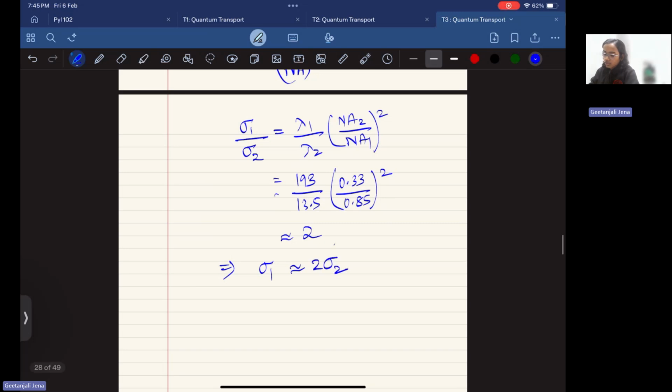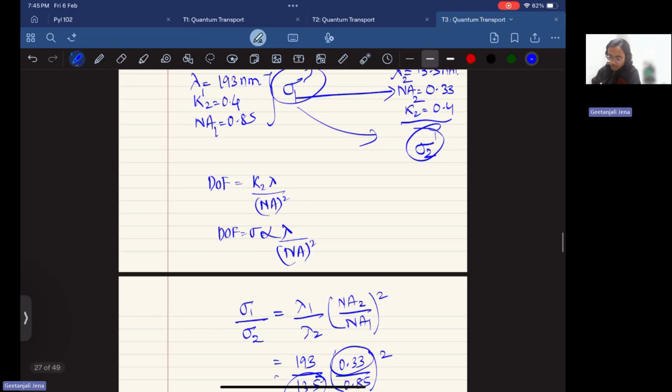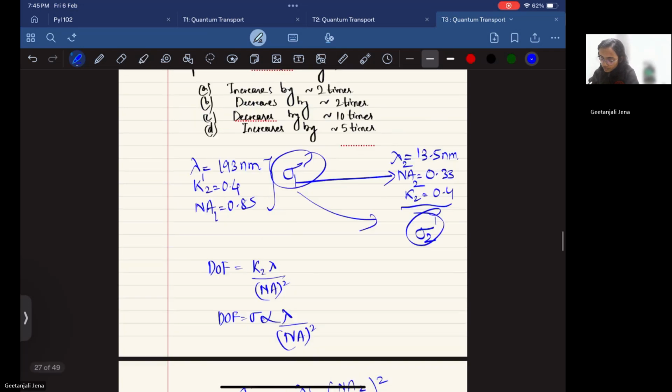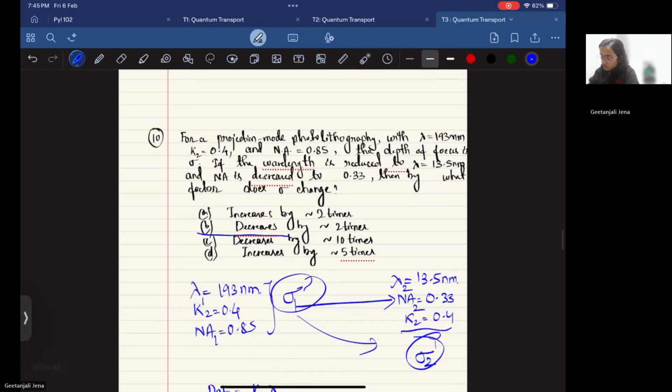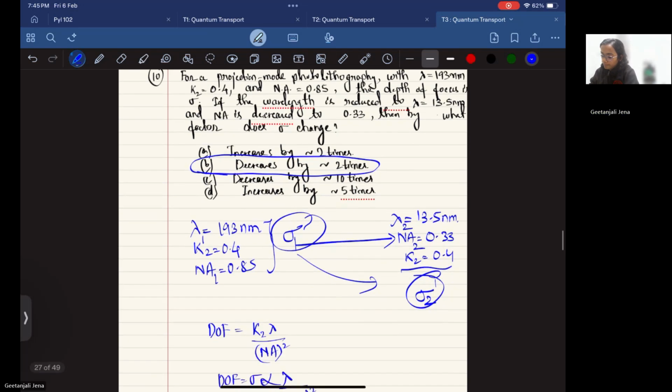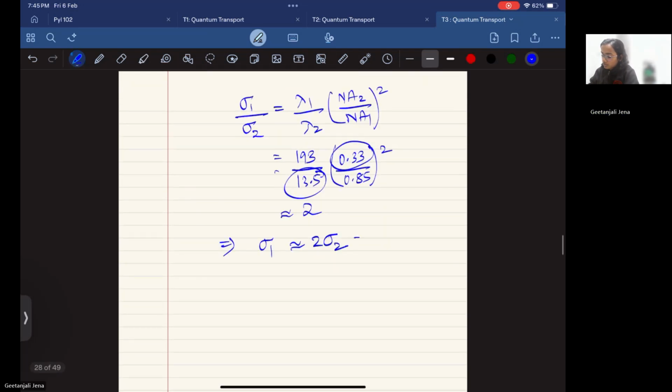So when we change lambda 1 and NA1 to 13.5 and 0.33, we see that the depth of focus will decrease by half of its initial value, decrease by 2 times. So the answer would be option B. It decreases by 2 times. Sigma 2 is sigma 1 by 2.